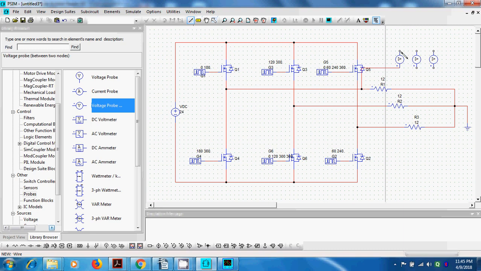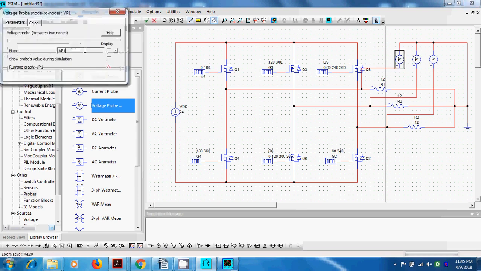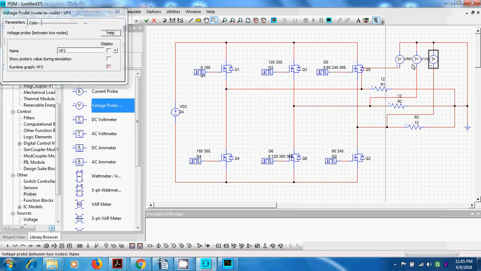R, and one terminal can be considered as ground. Another is here Y, and another is here B. So we can say clearly this is VRN, because we already said this is R phase. VRN, this will be VYN, and this will be VBN.